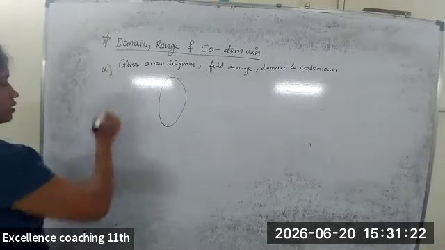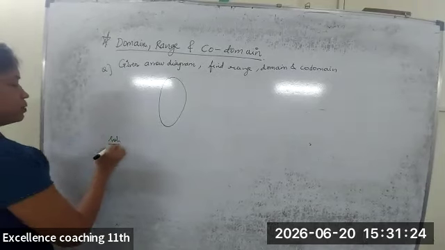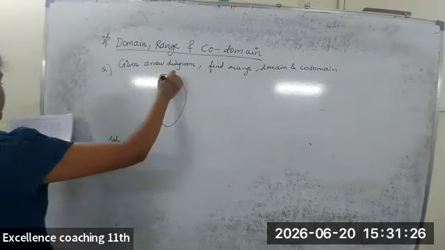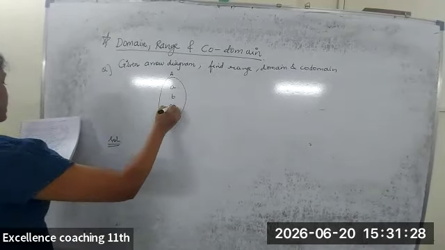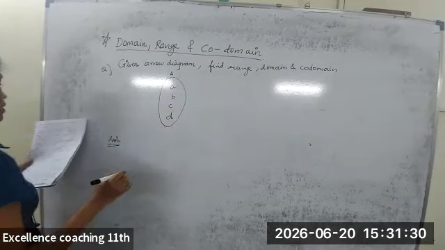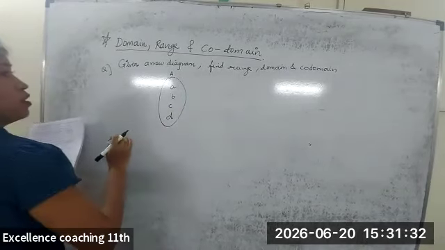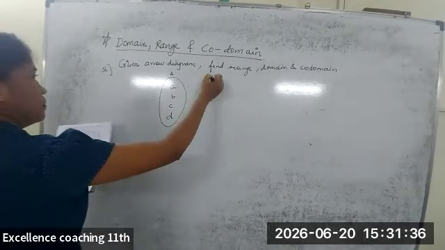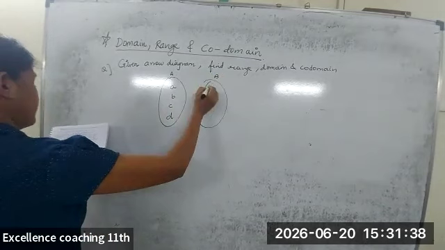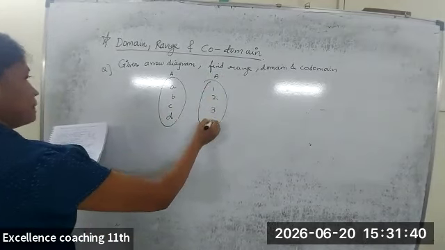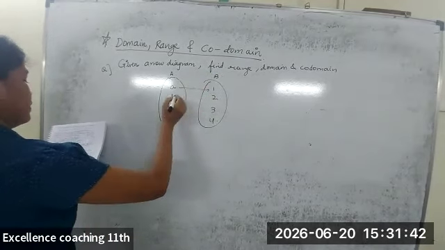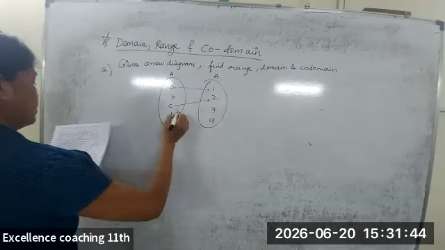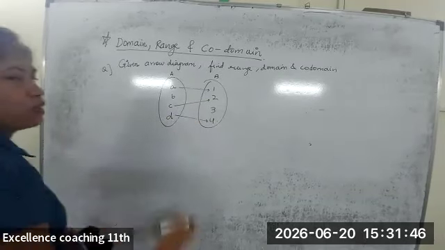So this is like a question. And then will come the solution. So this is called the arrow diagram.